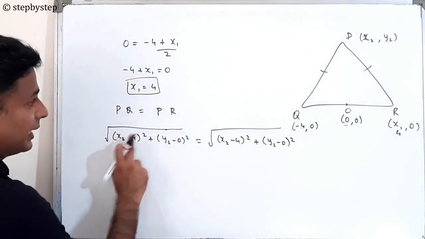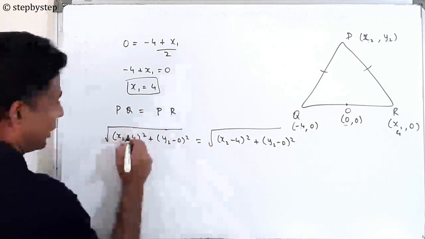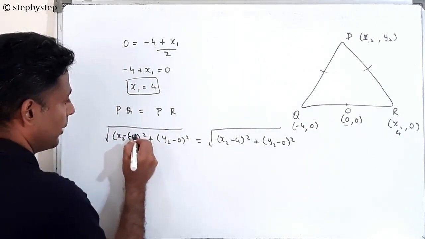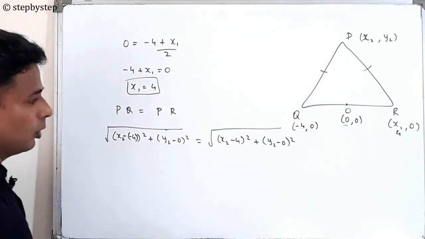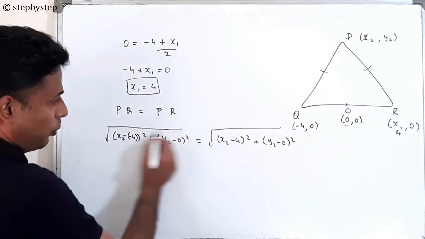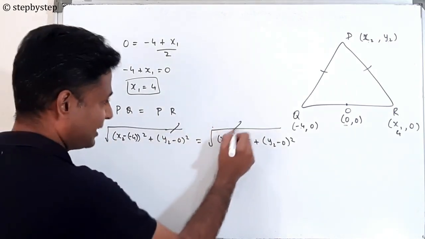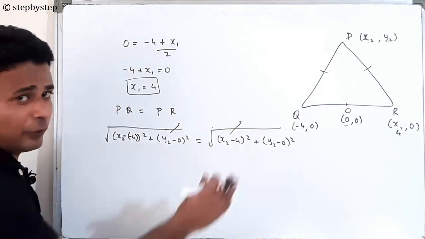Sorry, here it is x2 minus of minus 4, whole square. I made that mistake. Now if I square on both sides, the roots will cancel.